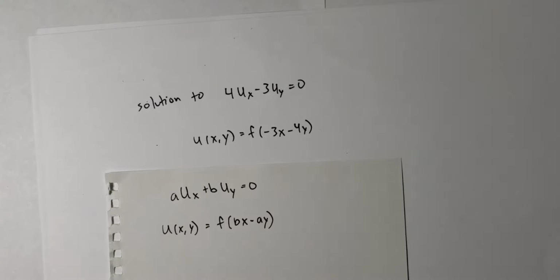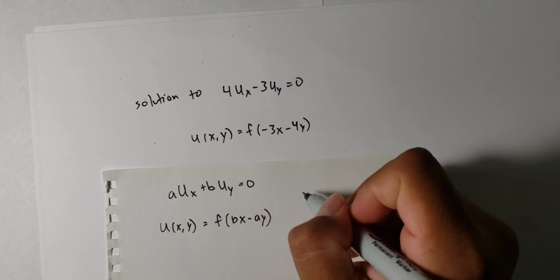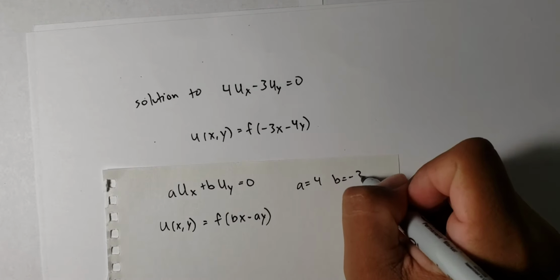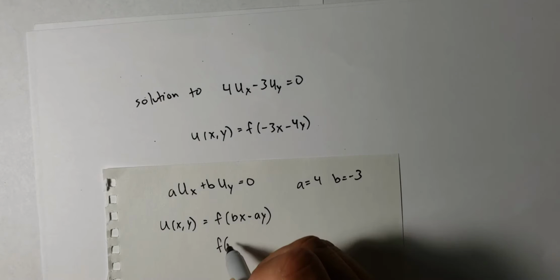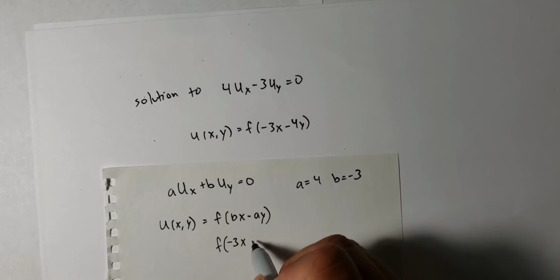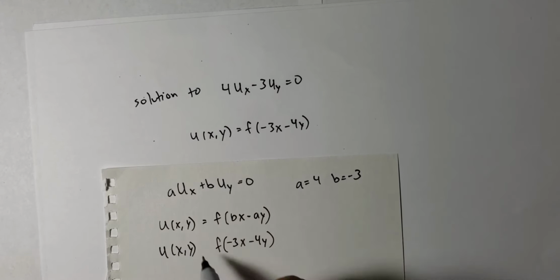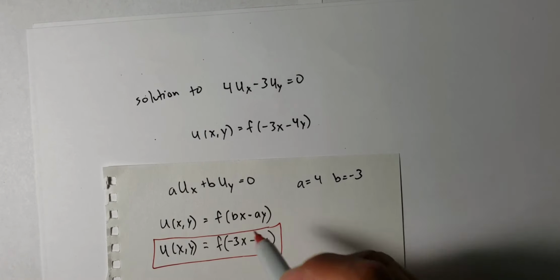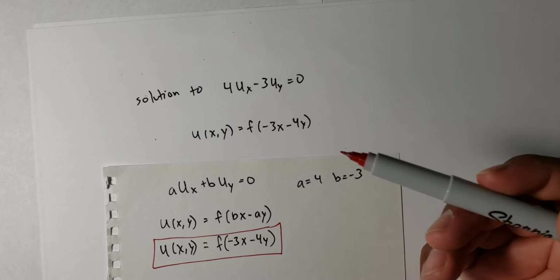We have 4 u of x minus 3 u of y, so here a would have been 4, b would have been negative 3. We plug those in here, and we get f of negative 3x minus 4y. So we would have gotten the same exact thing if we would have just plugged them into our equation.